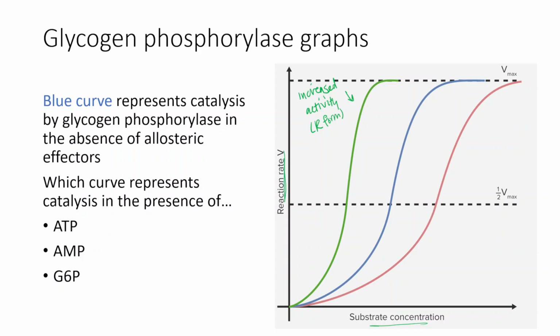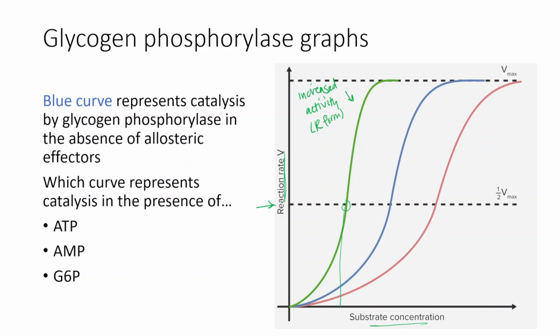So basically you need less substrate concentration present to get to the same reaction rate. If you look at this dashed line that represents 1/2 Vmax, to get to 1/2 Vmax, you need a lot less substrate for our green curve compared to our blue curve, right? So it's more active.